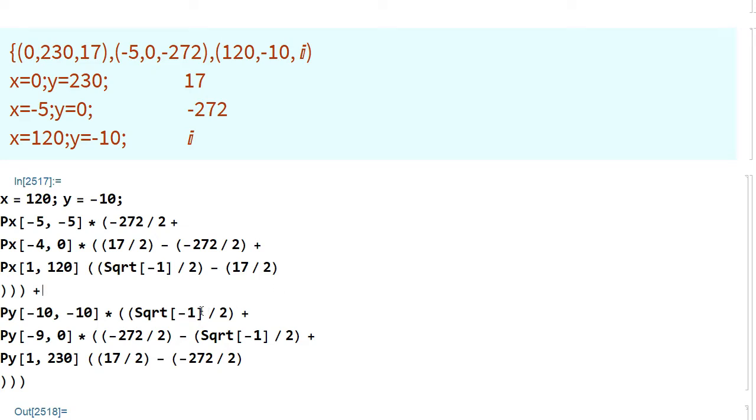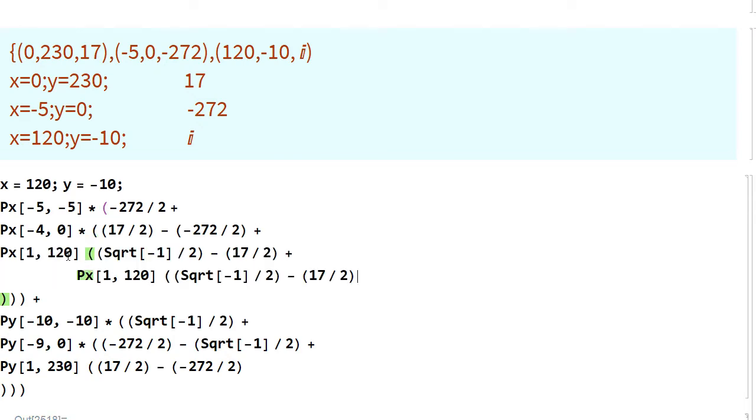Now, of course square root of negative 1 is I. That's why I have square root of negative 1 here. But that's the idea. That's how simple it is. So to add a new data point, what I would have to do is, this is the x value that it's being evaluated at, and this is the next x value, and this is the next x value.